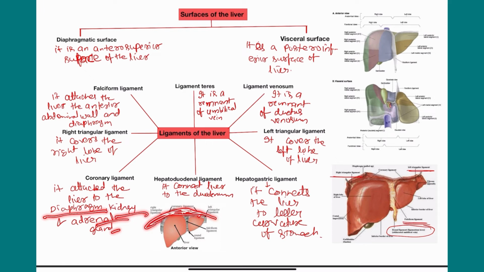Here is the large portion of the coronary ligament; it connects different parts of the liver with the diaphragm, kidney, and adrenal gland. The hepatoduodenal ligament connects the liver to the duodenum, and the hepatogastric ligament connects the liver to the lesser curvature of the stomach.